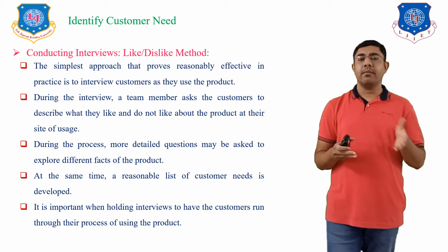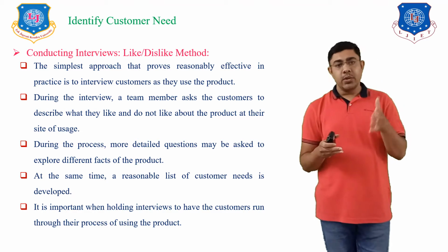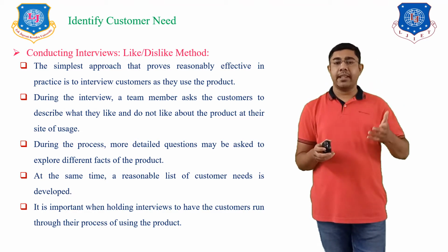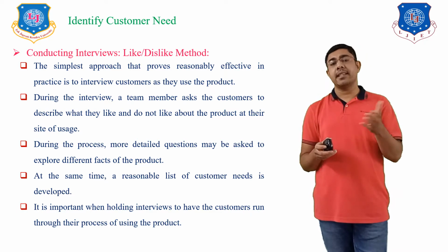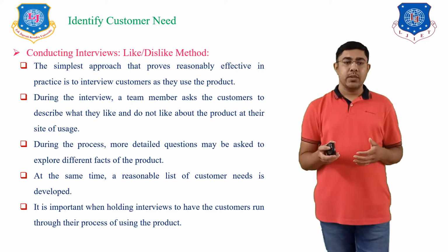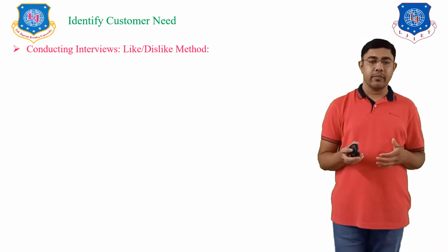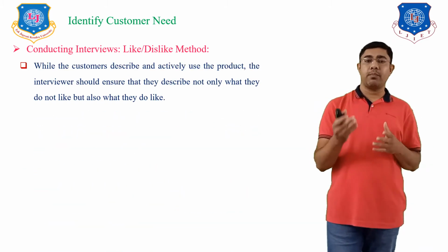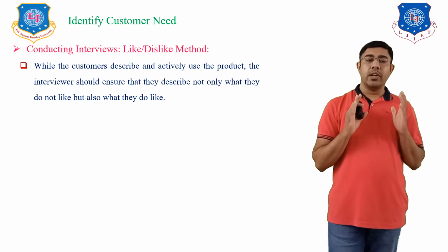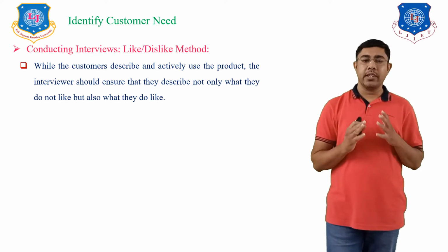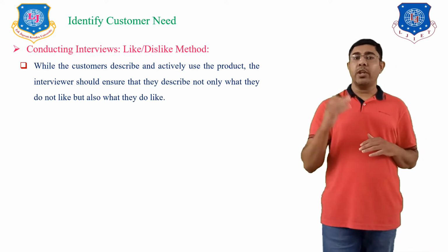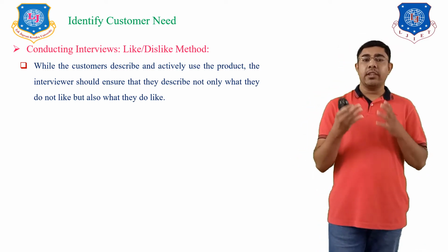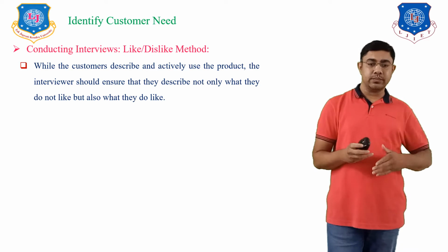As the customer uses the product, they can explain what they like and dislike. While the customer describes and actively uses the product, the interviewer should ensure that they describe not only what they do not like, but also what they have liked.